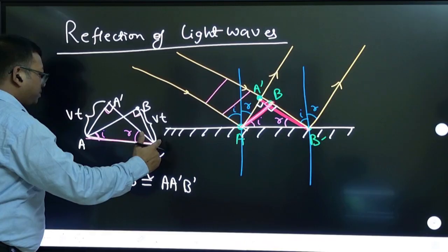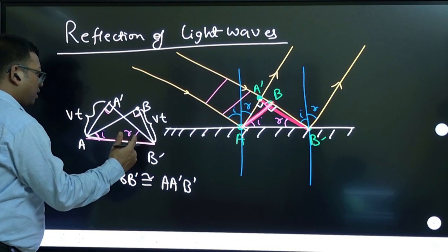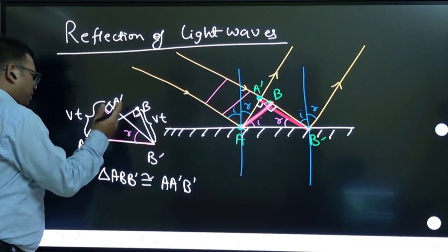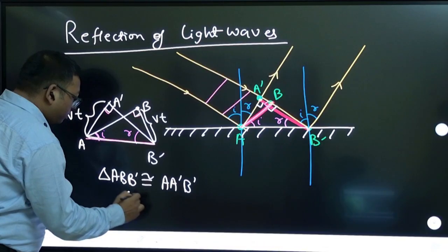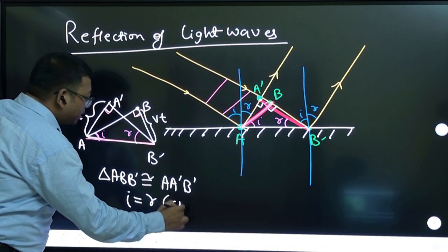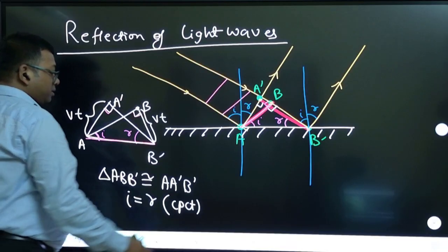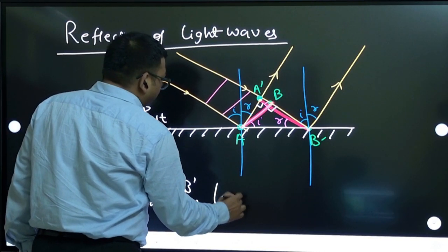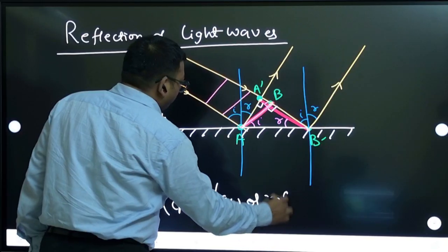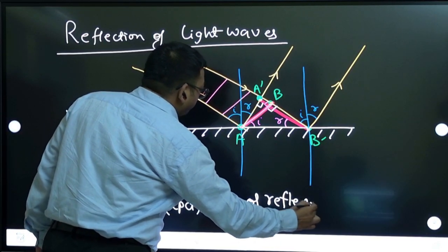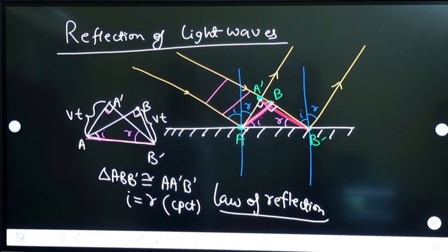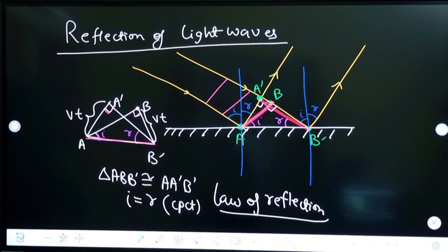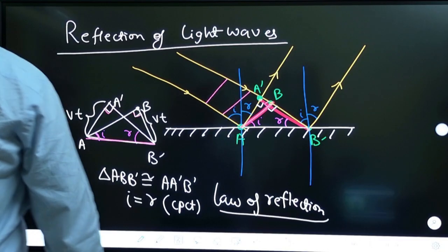A dash B dash is making R and here AB is making I. So angle I becomes equal to angle R. This follows by CPCT, and this is the law of reflection. So the law of reflection can be easily proved from here by using the idea of wavefront.